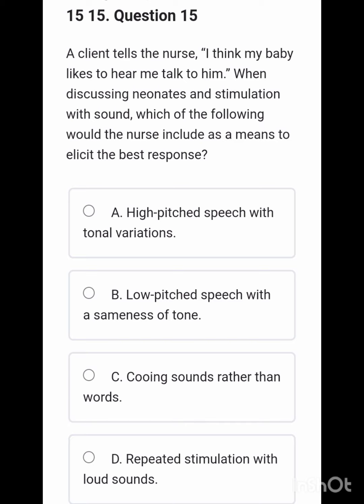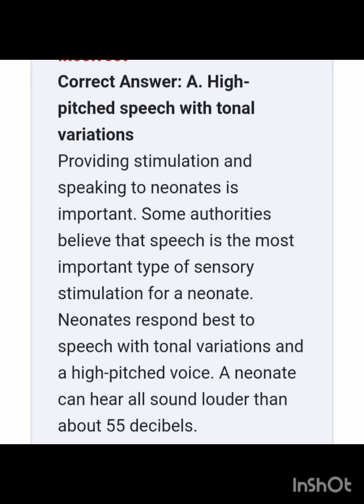So with which pitch should we speak? Option one is high pitched speech with tonal variations. Others are low pitched speech with sameness of tone, cooing sounds rather than words, and repeated stimulation with loud sounds. High pitched speech with tonal variation is the answer.